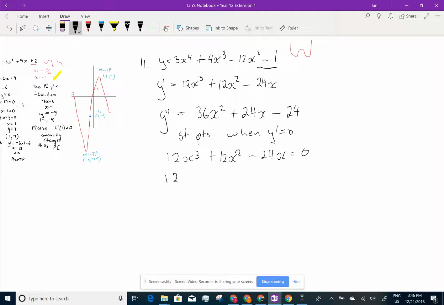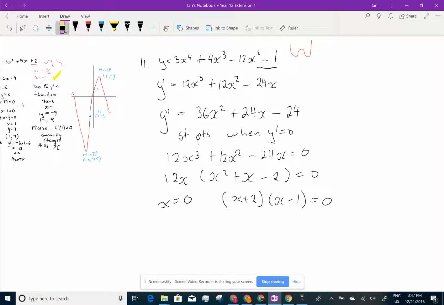Let's take 12x out the front, and I get x squared plus x minus 2 equals 0, which means x can equal 0. And here, what multiplies out to minus 2? x plus 2, x minus 1 equals 0.